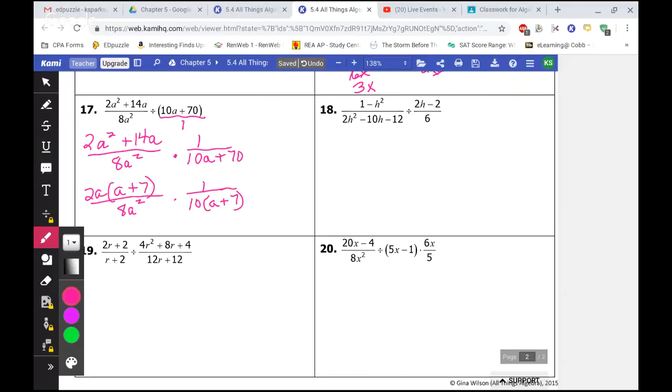So let's see, we can cancel the a plus 7, and then 2a becomes 1, and this would become 4a, because a minus a squared is a, and then you would be left with 1 over 4 times 10 is 40a. That's what you have on the bottom.